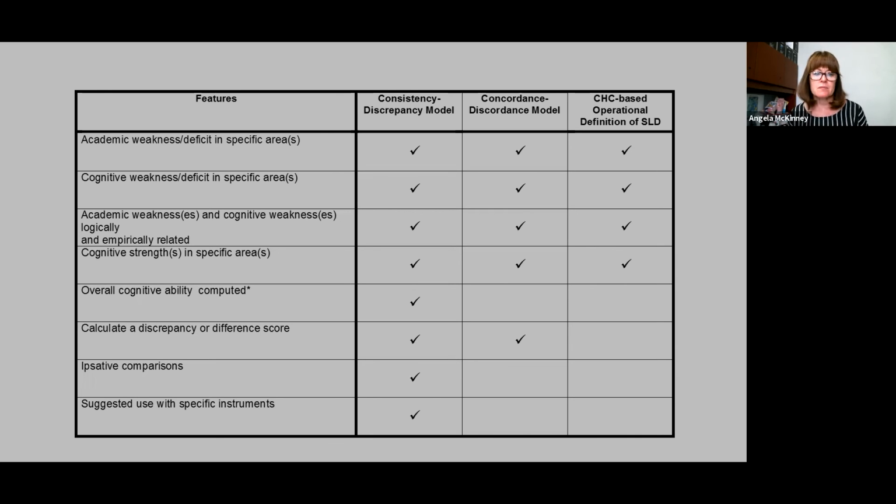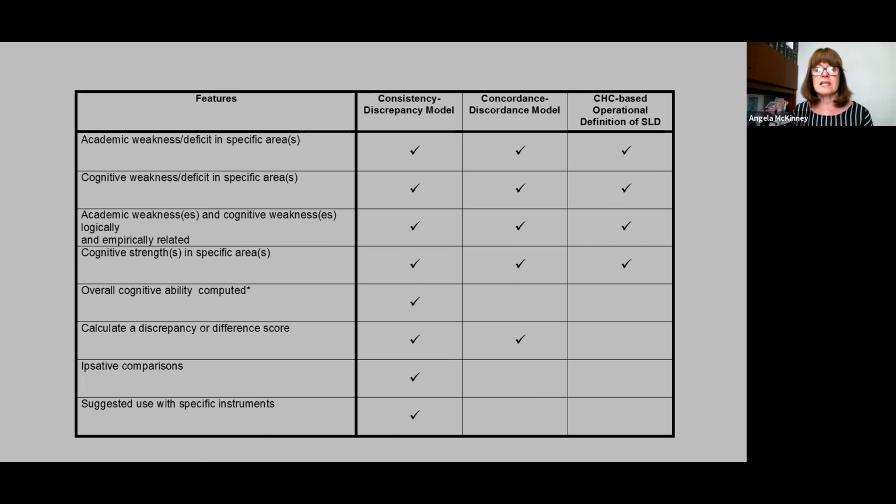And then we've got to have a logical and empirical connection between those two different areas of weakness. They all also think you've got to have some cognitive strengths too. They can't all be low areas, meaning they're all pretty much assuming that you should have average to above average IQ.